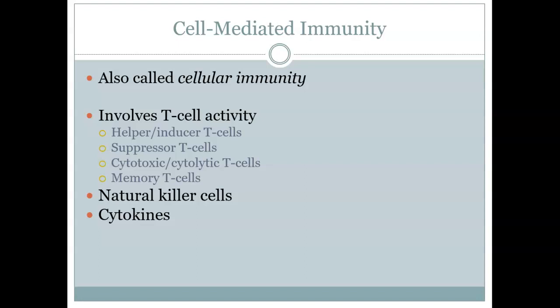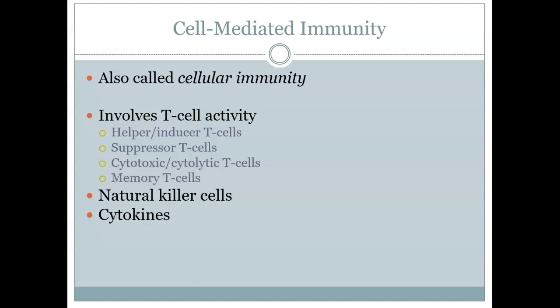So these T cells attempt to destroy cells that contain these particular antigens. They also identify a self cell infected with a parasite and will bind to it. And then they will deliver a lethal hit by drilling holes into the antigen and cause death. So cytotoxic, cytolytic T cells do that.